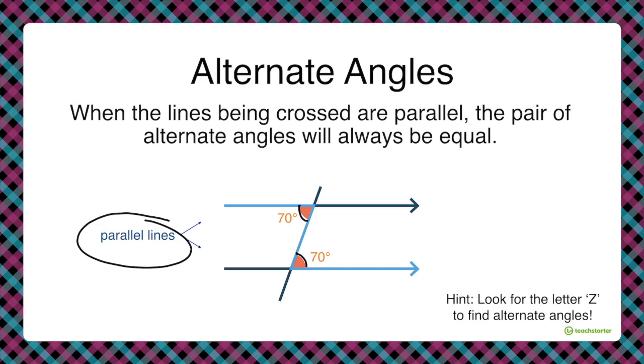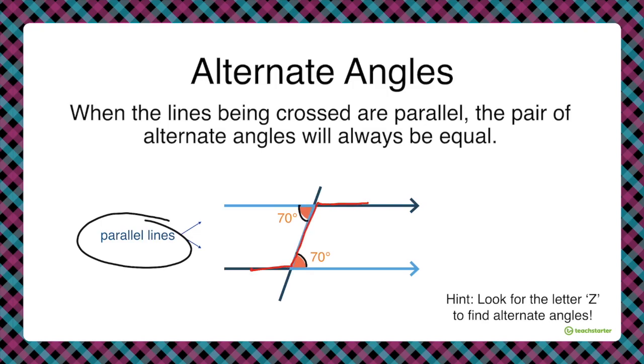So we can remember, if we can find parallel lines, then the alternate angles, which we can find using the Z, will always be equal to each other. Now Z is a bit easier because we only have two combinations of Z. We have the front Z and we have the backwards Z going this way.